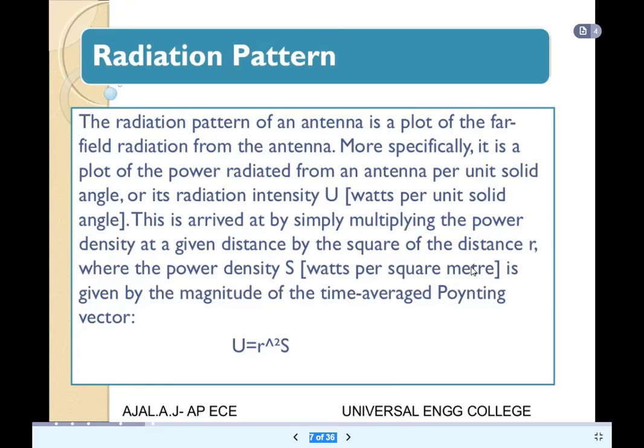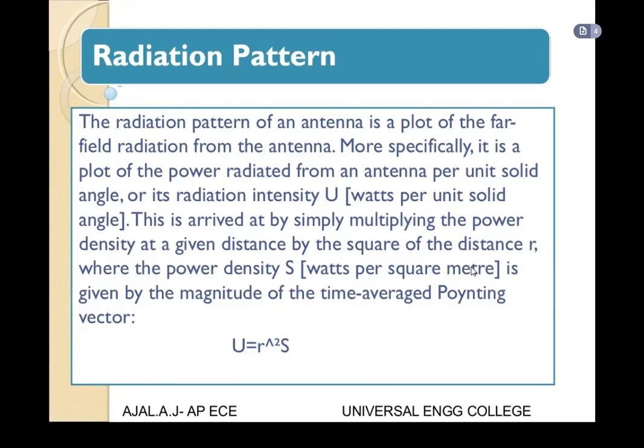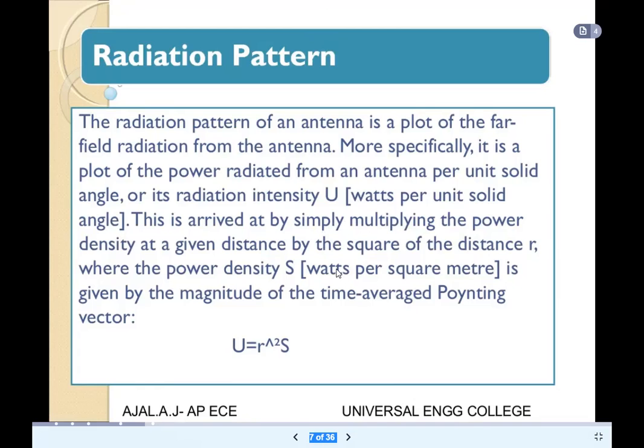And this is arrived at by simply multiplying the power density at a given distance by the square of the distance.